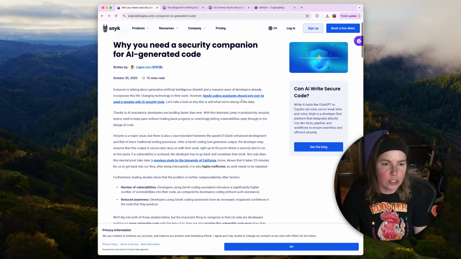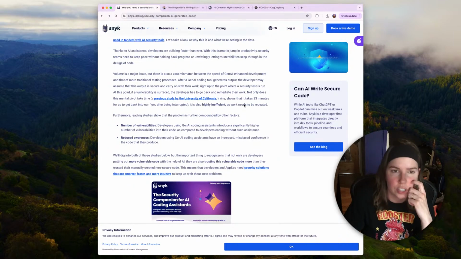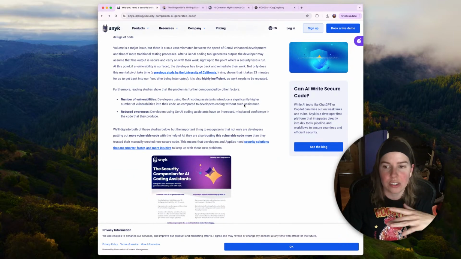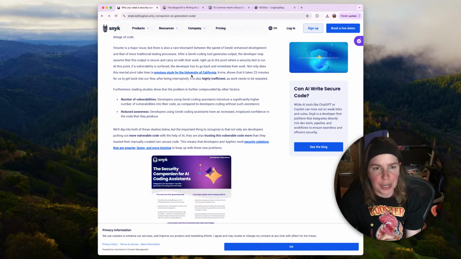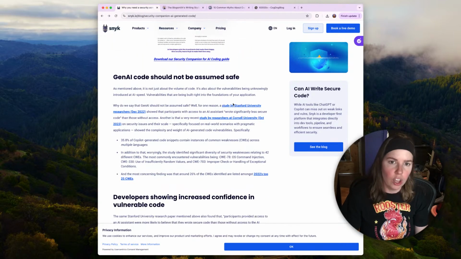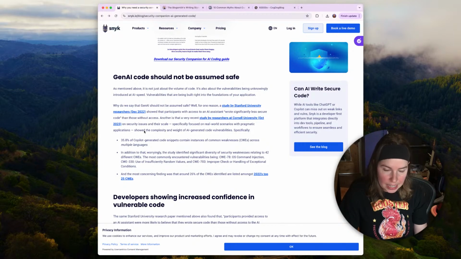Okay, so my next thing that I wanted to talk about, a lot of this just has to do with formatting and consistencies. I wanted to talk about how this author quoted a previous study by the University of California. And then later in the article, we hear about some other studies, and in this case, we're given dates as the context for these studies.